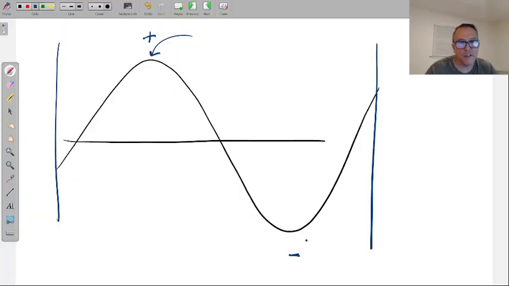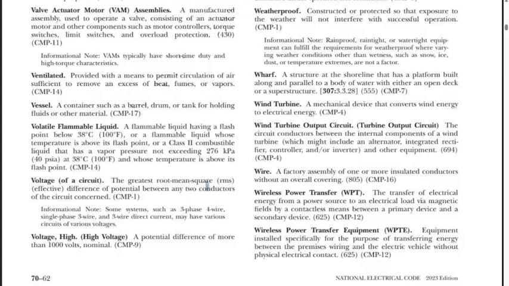So that's the definition of voltage in the physics sense, but here are the other ones that I want you to make sure you understand, because as electricians, these are the ones that concern us. The first one is down here, which is high voltage. Now, high voltage, again, all depends on what world you work in. If you work for the power company, then high voltage could be 100,000 volts.